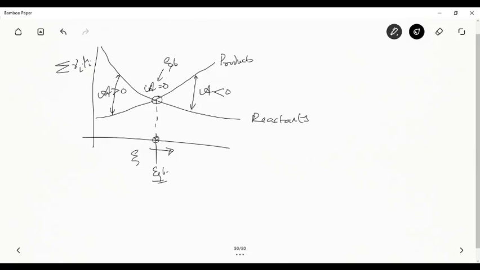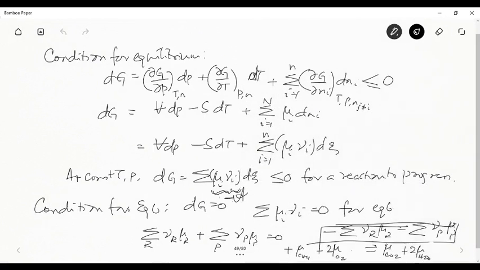And A is greater than 0 because your expression of dG is equal to summation of mu i d xi. So this is minus A d xi, right? So this actually you write as V dP minus S dT minus A d xi. This is the expression that you write.